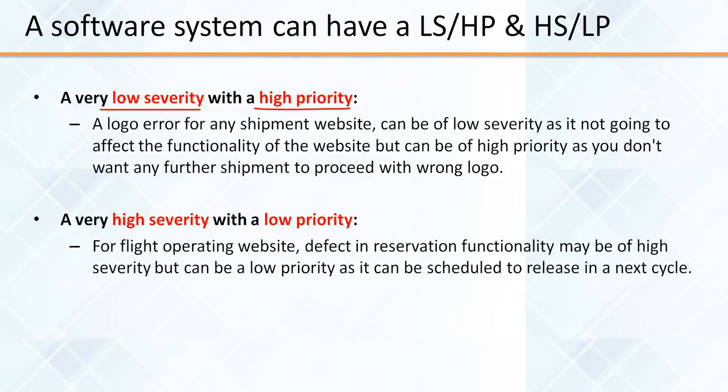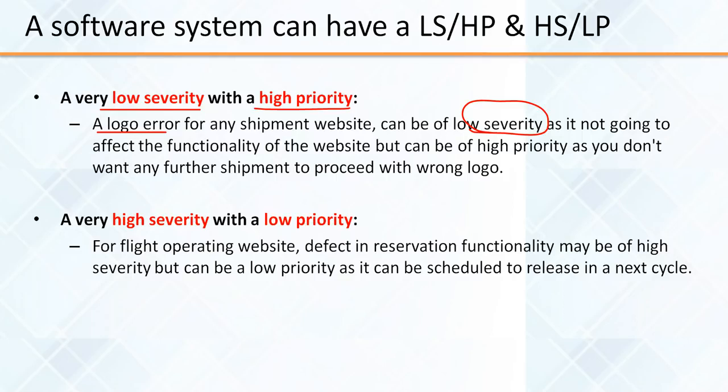It can be of low severity, as the logo is not critical. It is low severity as it is not going to affect the functionality of the website. So it is low severity, but it can be of high priority as you don't want any further shipment to proceed with the wrong logo.